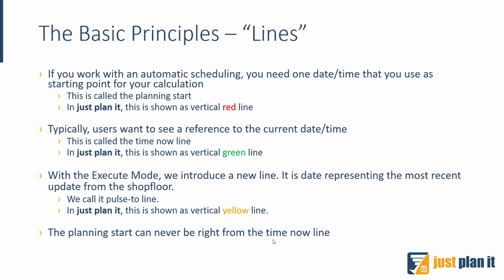And with the execute module now there is a third line, which is the yellow line, and this line always appears if the planner starts the updating process, so the approval of the Shopfloor data.